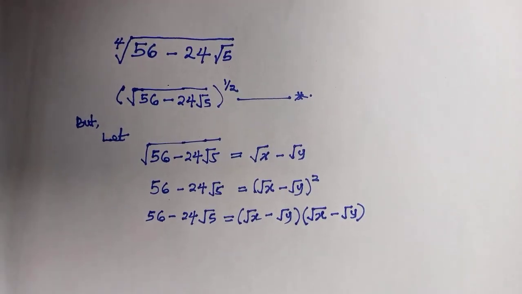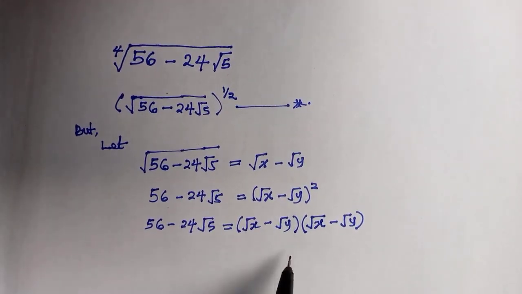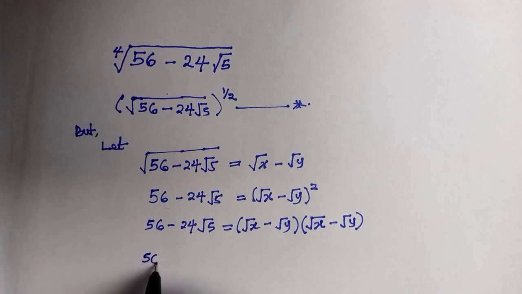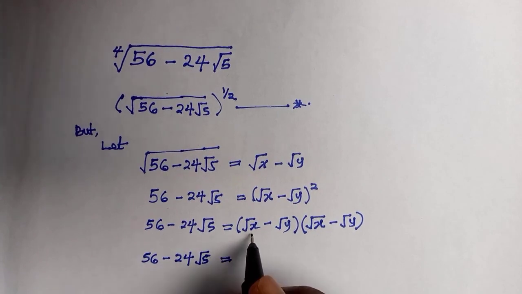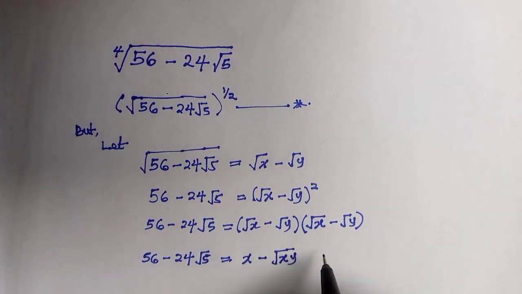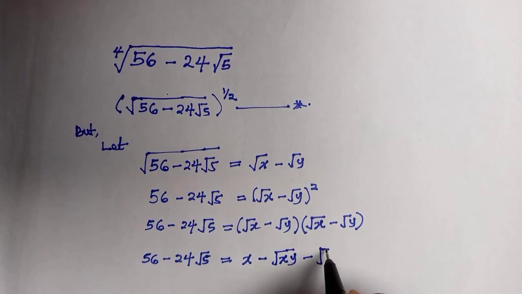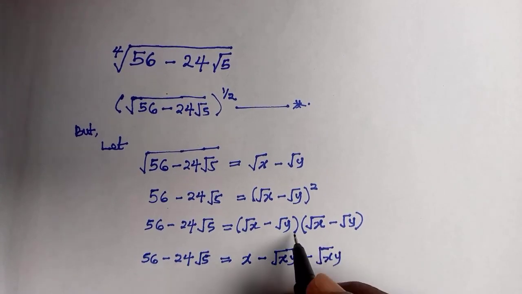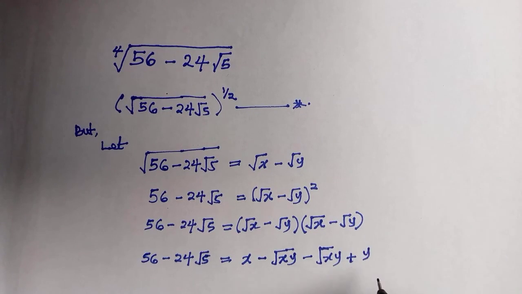So here we have 56 minus 24 root 5 equals to root x multiplied by root x, that is x, right? Root x multiplied by minus root y, that is minus root of xy. And minus this, we have minus root of xy as well, and plus y.